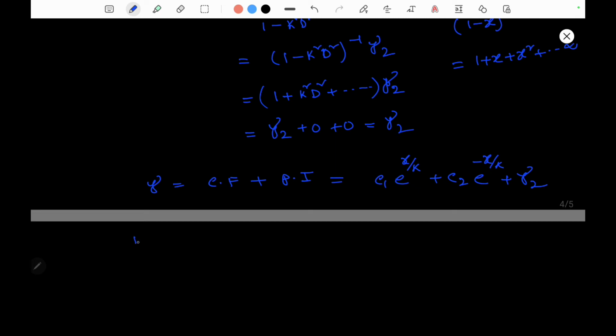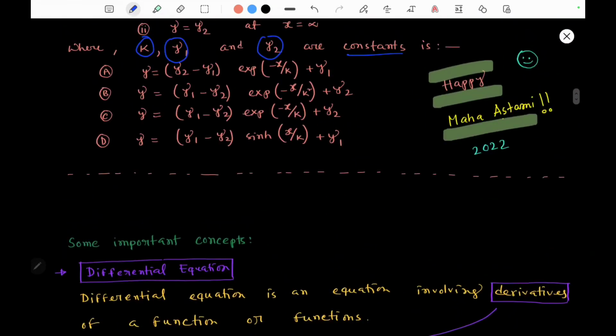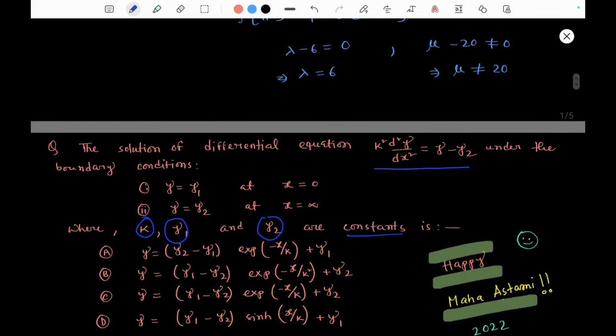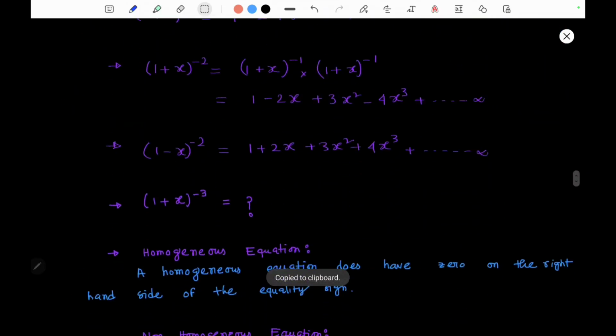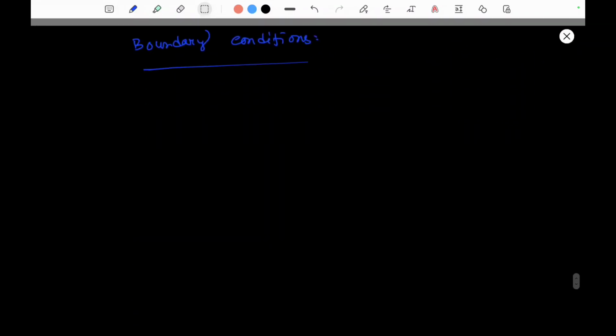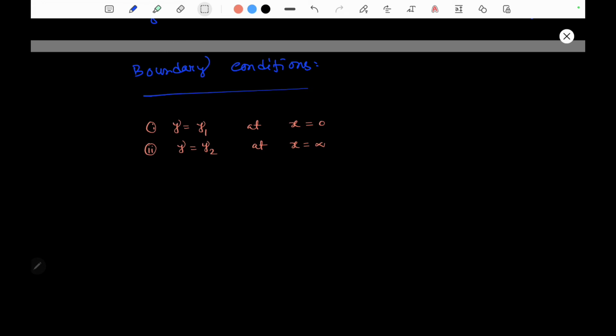Now there are some boundary conditions that we got. So let's copy that from here to understand it properly. I'm copying it and pasting it here. Okay.